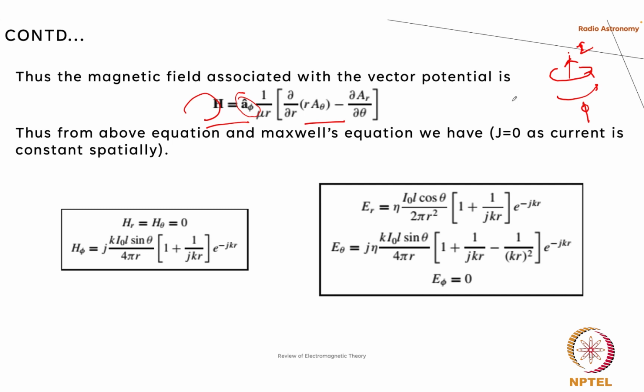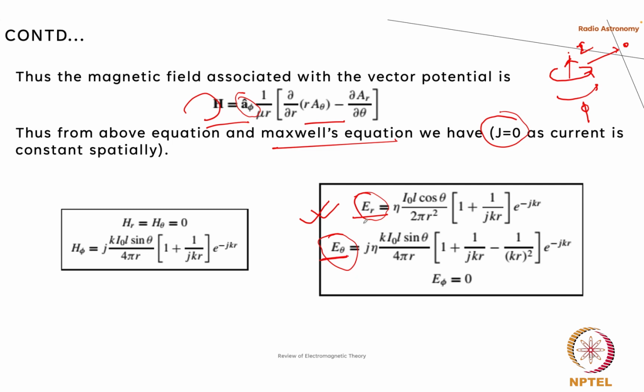And if you follow Maxwell's equations and apply the formula with current J equal to 0, because you are calculating at distance r from the conductor, so there is no current density at that location, then you will get two electric field values, E_r and E_theta, radial as well as elevation values.